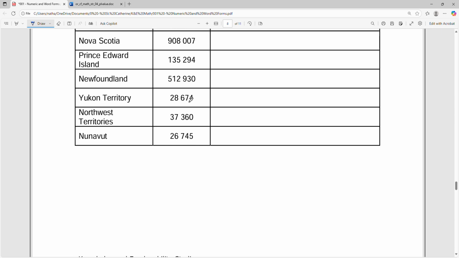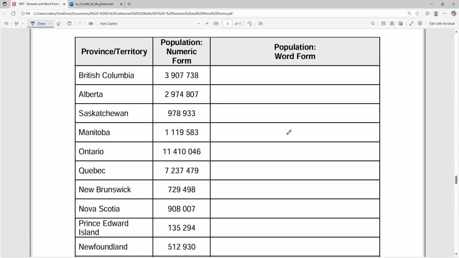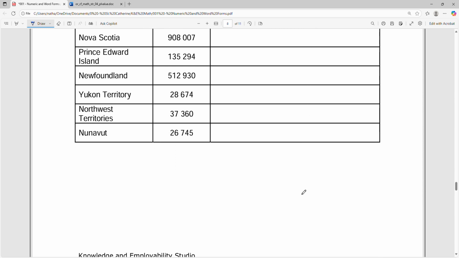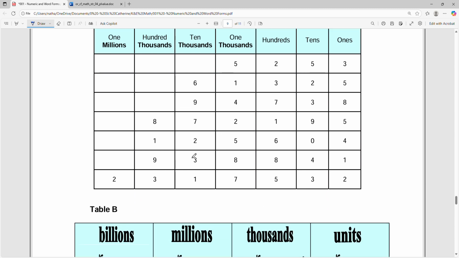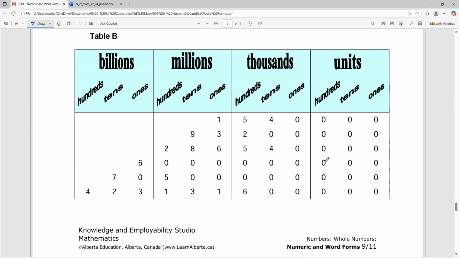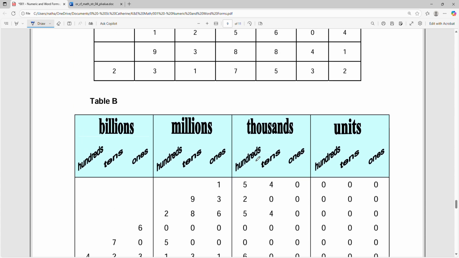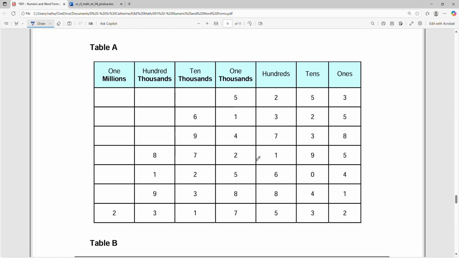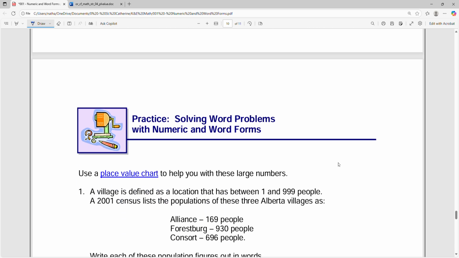For handing in or for the assignment, I'm just going to be checking this one here to make sure you've written these in. I think that's enough practice there personally. So these ones you could practice just saying. Oh, this is a second table. These are a different set of numbers. So practice those ones.